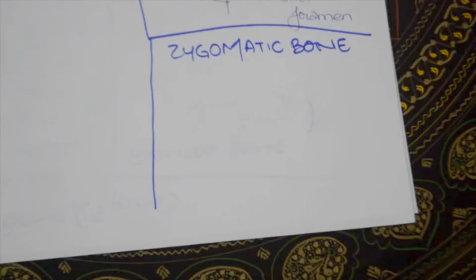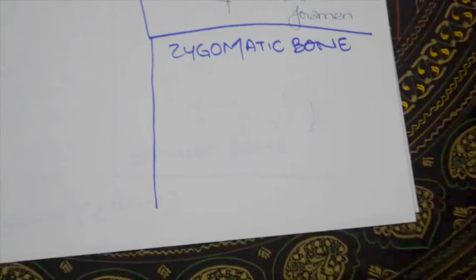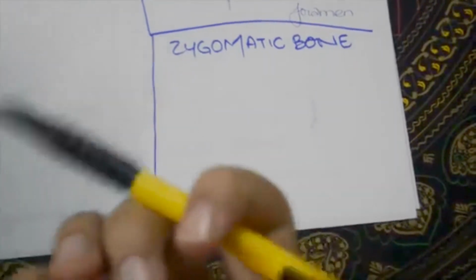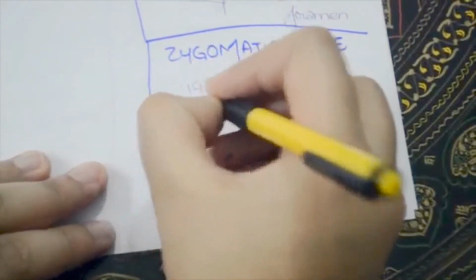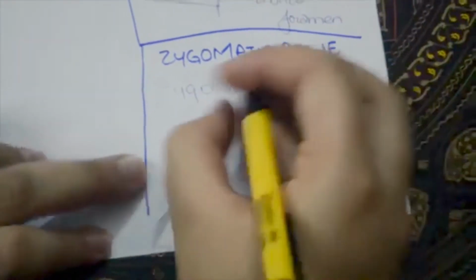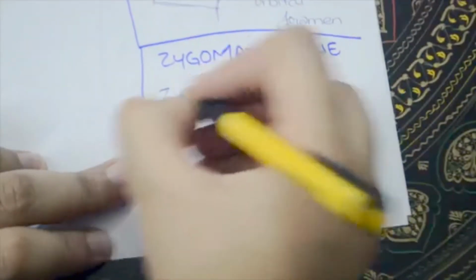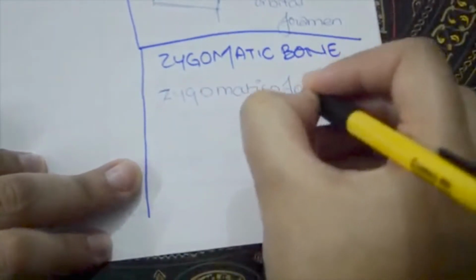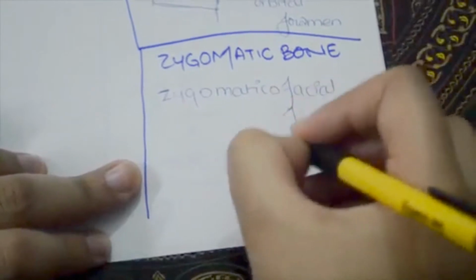There's just very brief detail about the zygomatic bone that you need to know. There are two foramen in the zygomatic bone, the zygomaticofacial and zygomaticotemporal. The zygomaticofacial foramen, I'll write the spellings for you. Zygomaticofacial foramen.